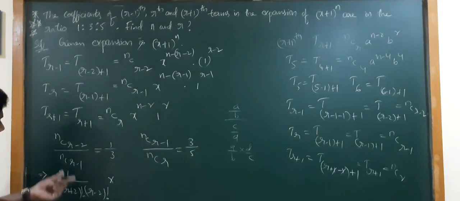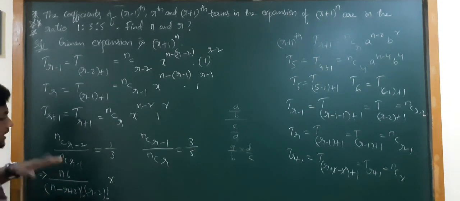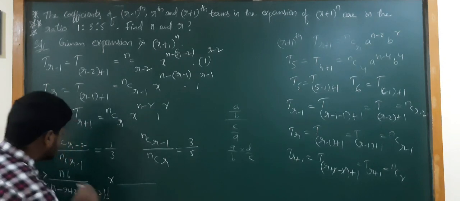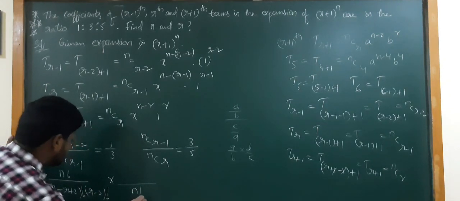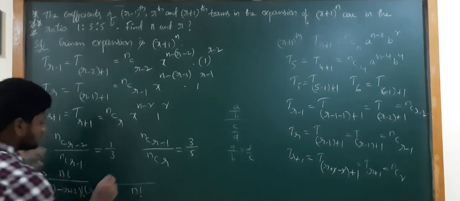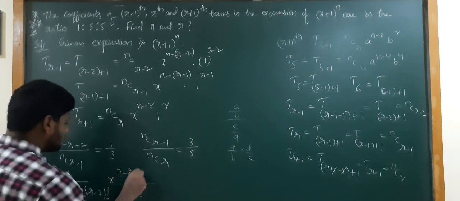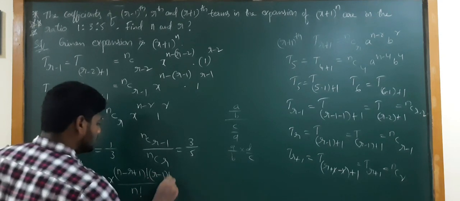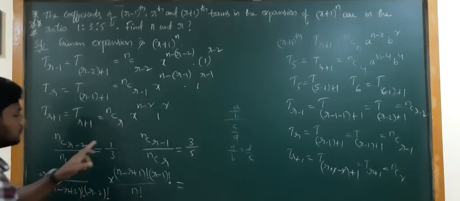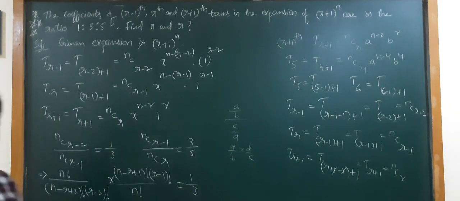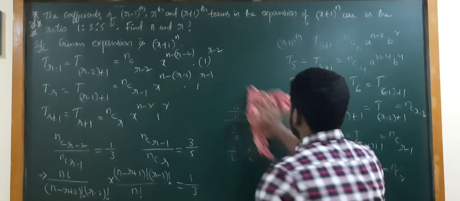So in the denominator also it will be like that only, so that we will write in reverse. How to write nC(r−1)? We can write n factorial by, in reverse, (n−r+1) factorial into (r−1) factorial, which is equal to 1 by 3. Now we need to simplify those to get n and r values.